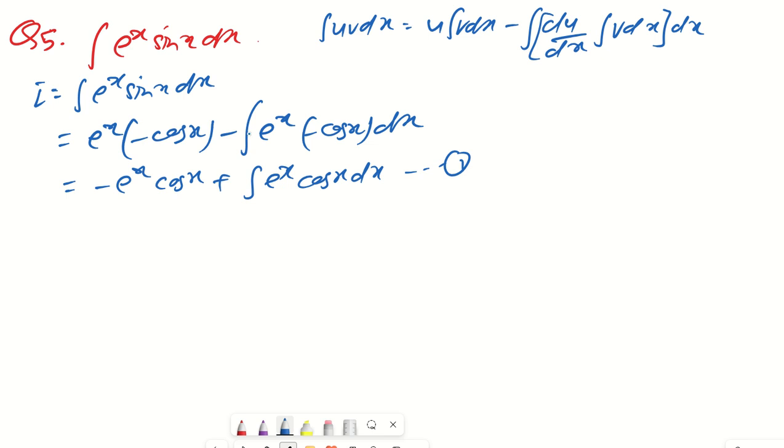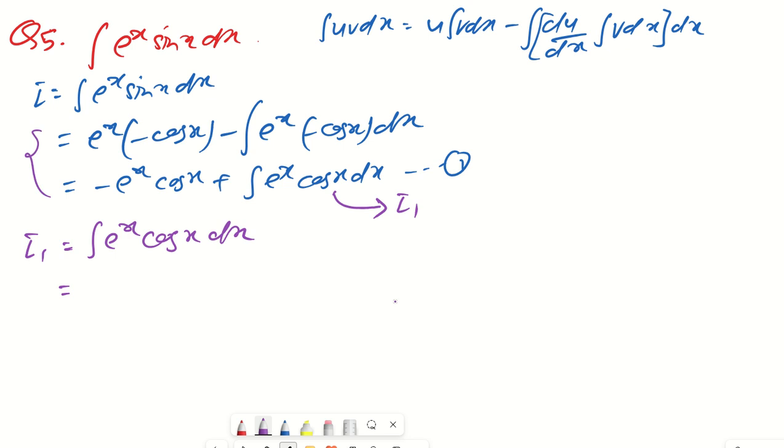Now let us say this term is my I1. I1 can be written as integration of e to the power x cos x dx. This again can be found out like this.